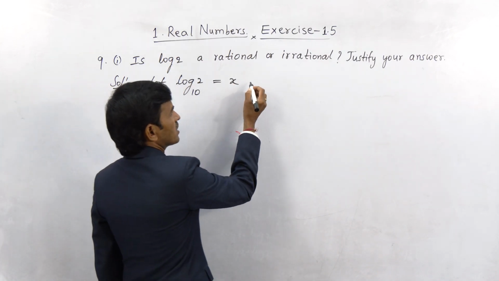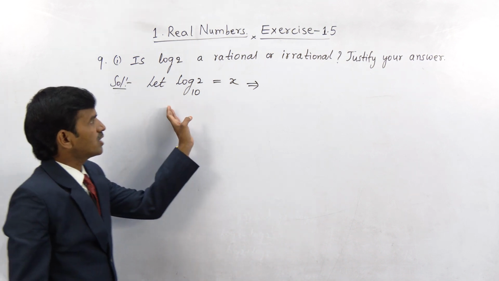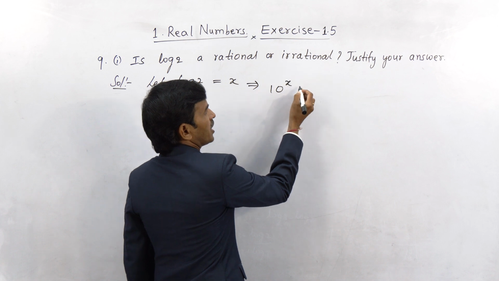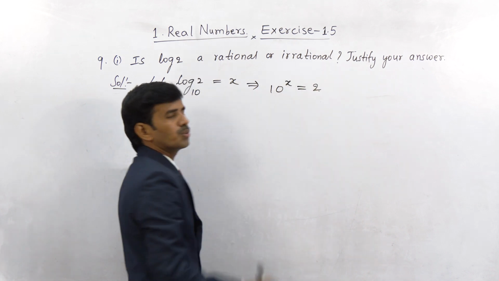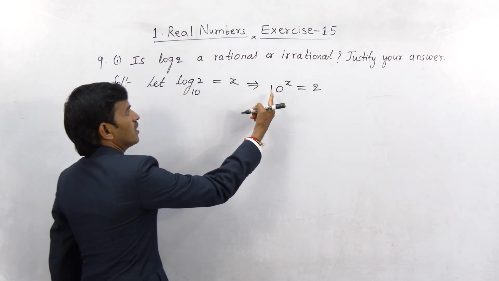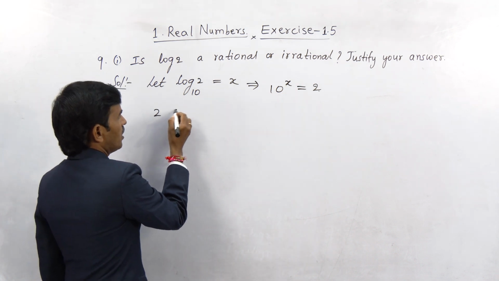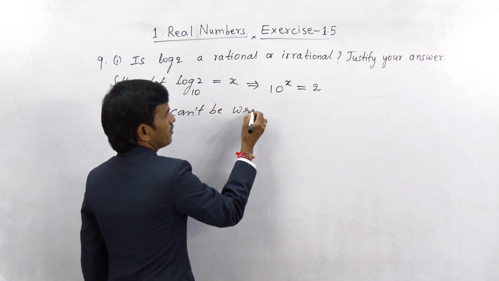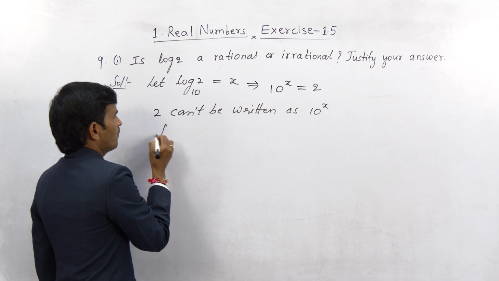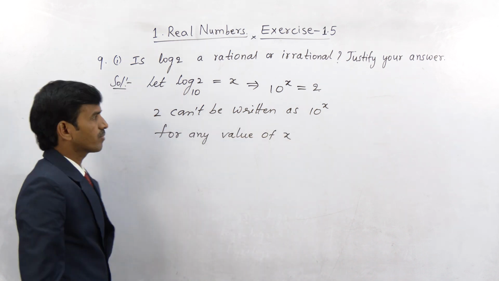Now convert this from logarithm form to exponential form. So it becomes what? 10 power x is equal to 2. Right? Here 10 power x is equal to 2. 2 cannot be written as 10 power x for any value of x.